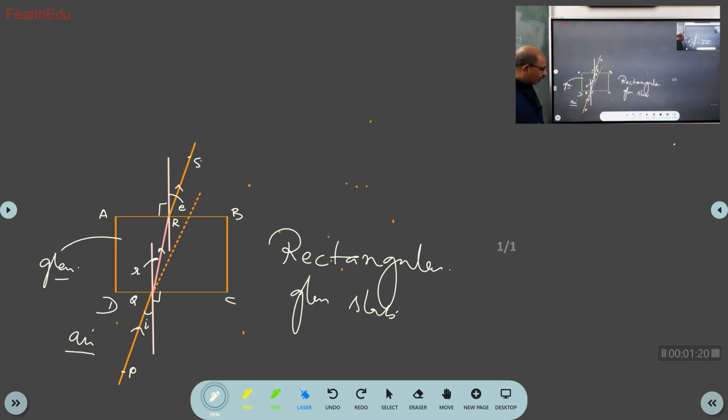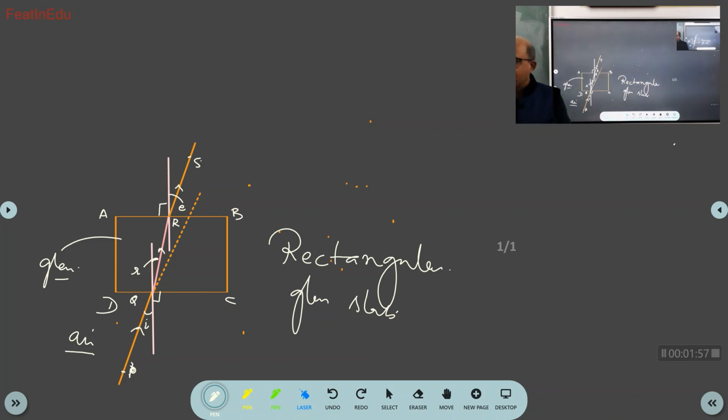Now what was our observation? The ray PQ is traveling in optical medium air and it strikes the surface of another optical medium, glass, and Q becomes the point of incidence. A part of the light energy, in this case all the light energy you can see, is entering the glass. So you can see the pink color ray there, QR.